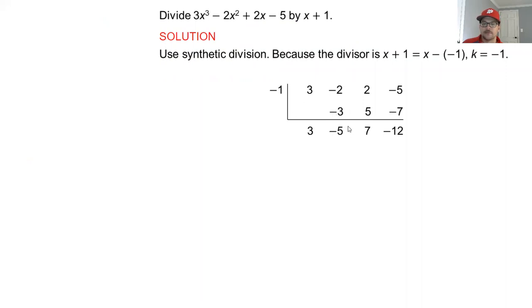Combine to get -5, multiply to get +5, add to get 7. -1 times 7 is -7, add to get -12. So this is our remainder. We started with an x to the third term, so this becomes 3x squared minus 5x plus 7. Don't forget to include your remainder divided by the original thing that we were dividing it by.